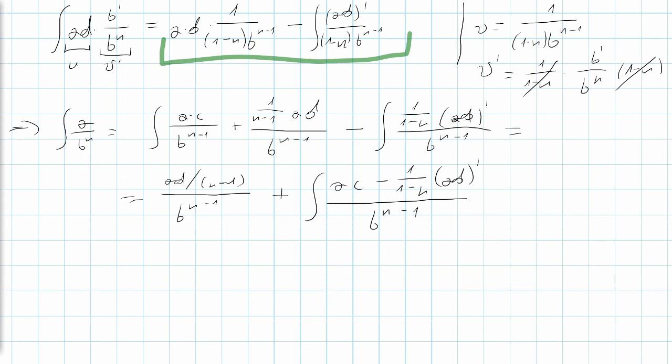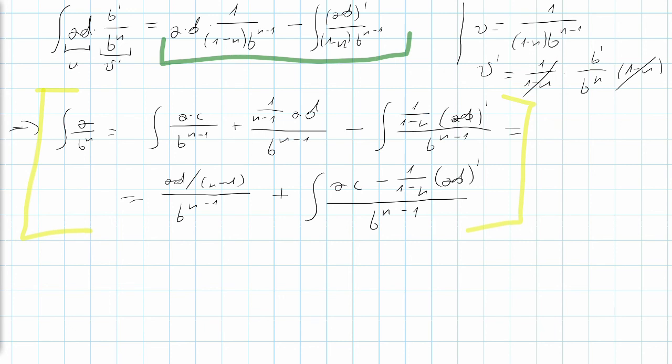Observe now that we have reduced the exponent in the denominator. We have dropped the exponent by 1. So this is the Hermite reduction.